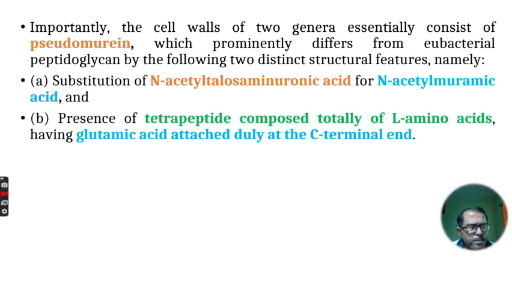And this L-amino acid chain has glutamic acid at the terminal position. So this is the difference between the eubacterial peptidoglycan and the extreme halophiles' pseudomurein.